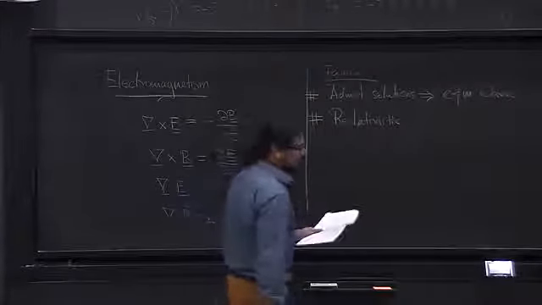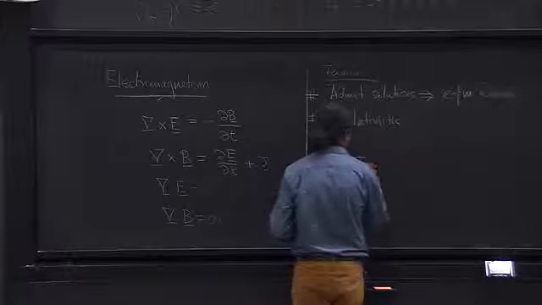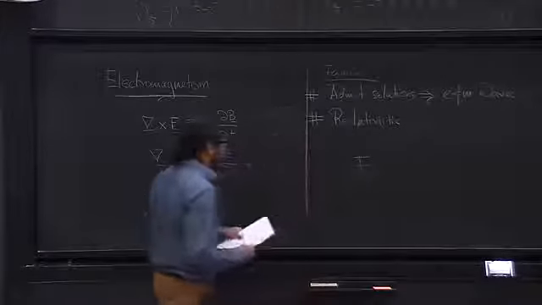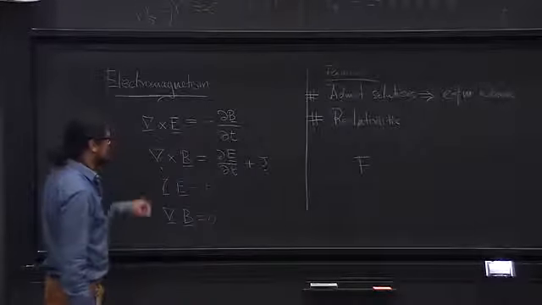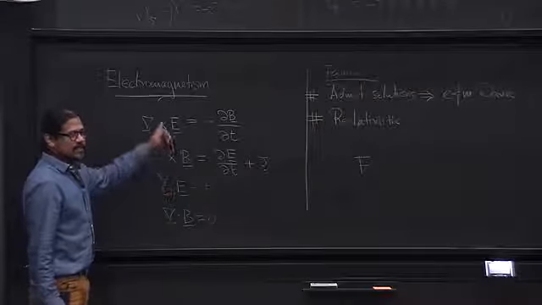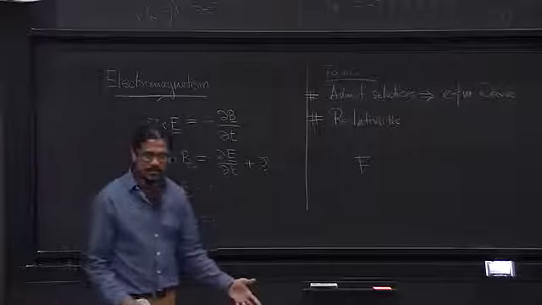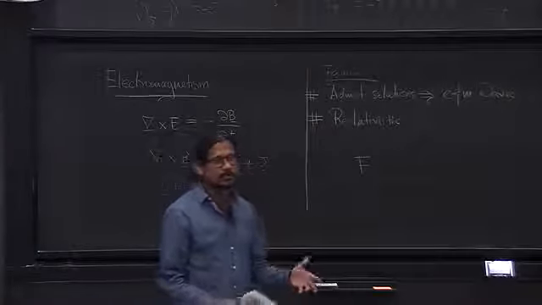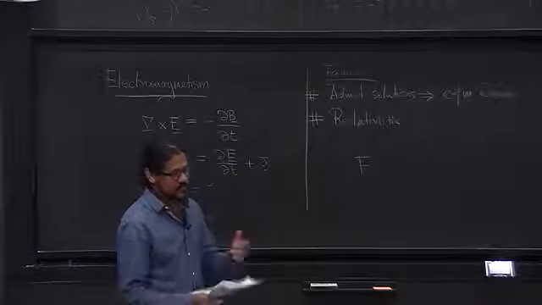Now you saw in Neil's class that you can write these as a rank 2 antisymmetric tensor. The electric field and the magnetic field are 3-dimensional vectors, but they are not vectors in 4 dimensions.